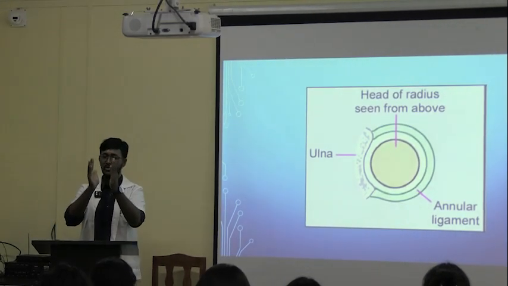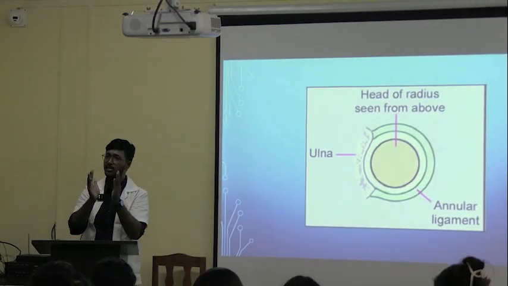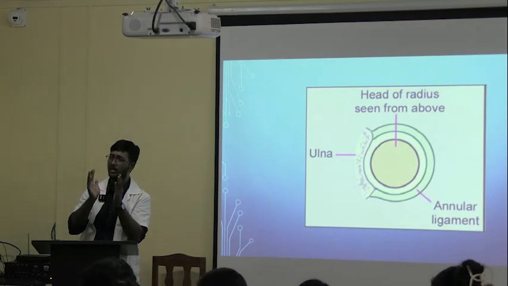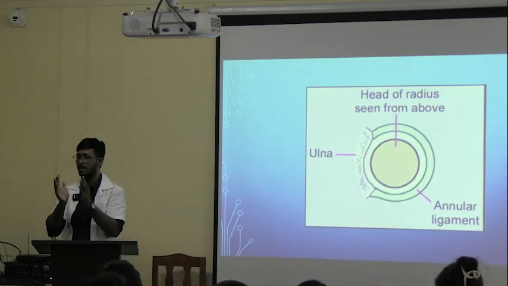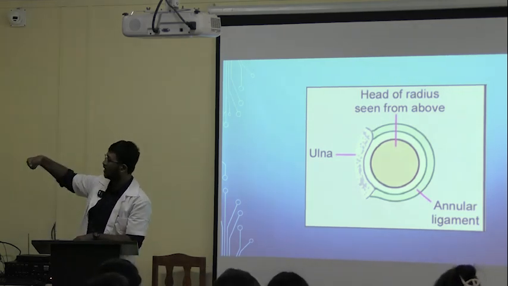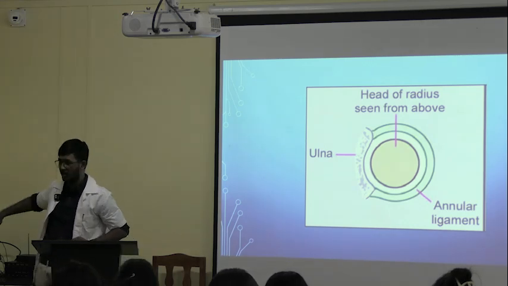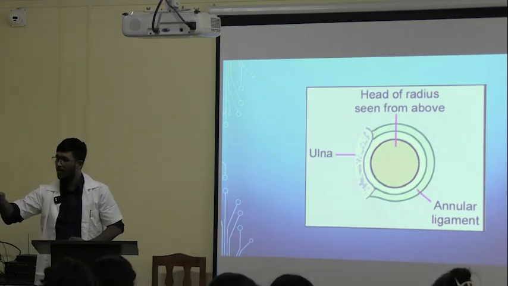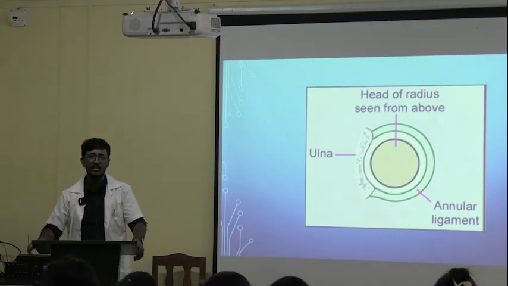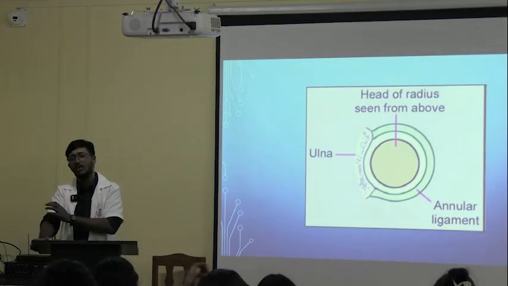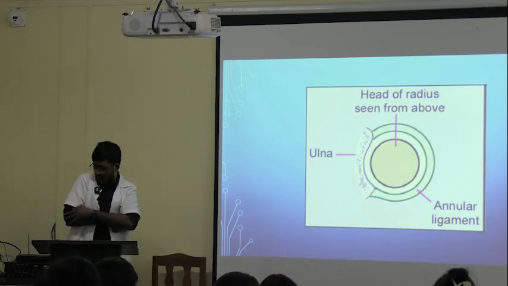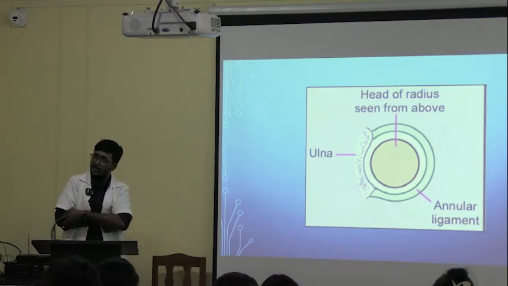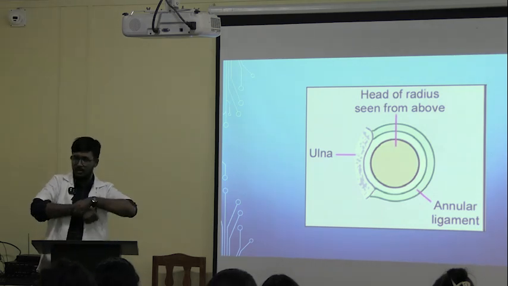Because of this, a very serious injury known as pulled elbow occurs in children. Usually you will see that parents hold their children like this and swing them like this. Due to this, the children will not say that they have a fracture or a pulled elbow. They will just hold their hand like this and will cry immensely. You just cannot move this hand.